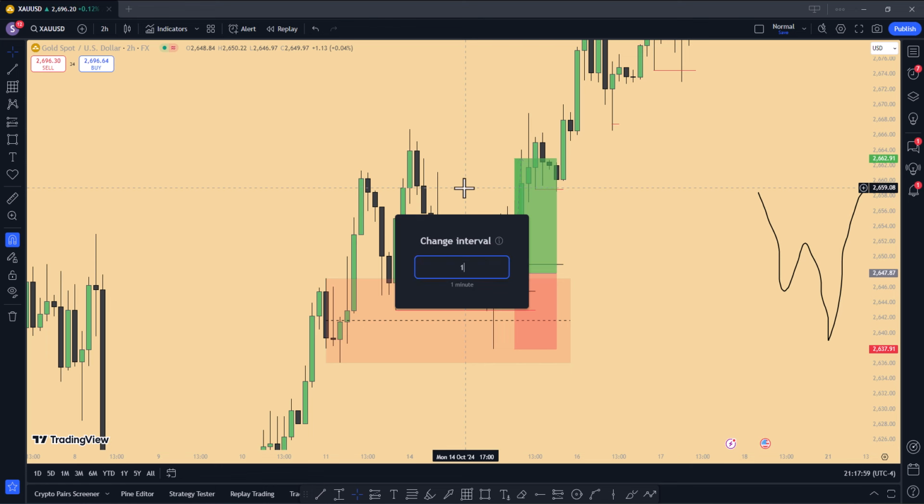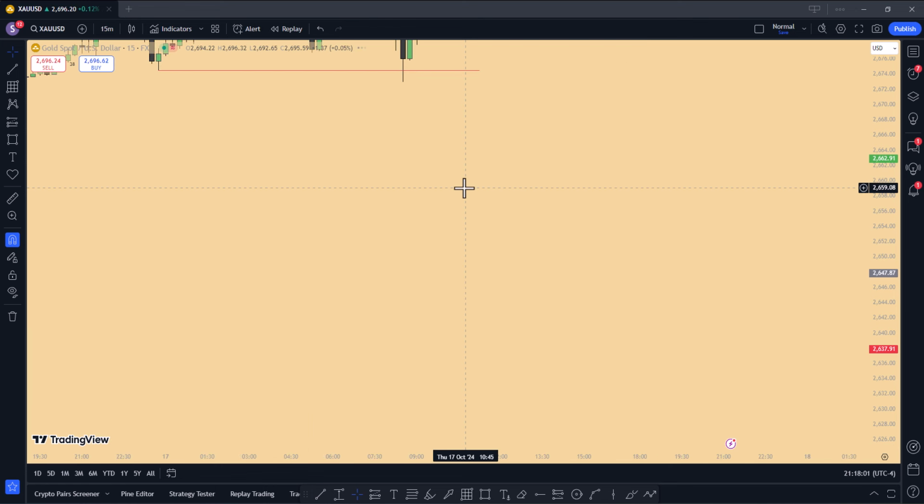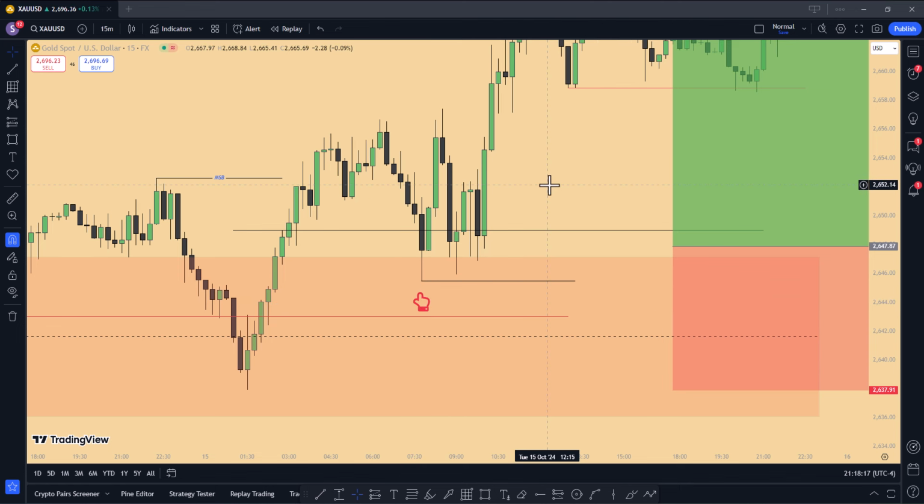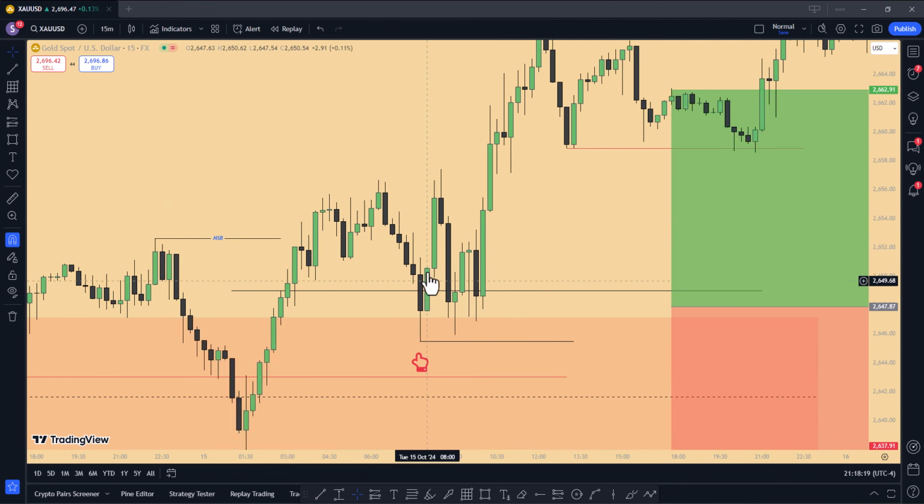Don't do that, because if we go to the 15 minute, let's remove this. So my entry was here, right? Price was trading to the upside, and then everything was good, and you see now this down move, right?